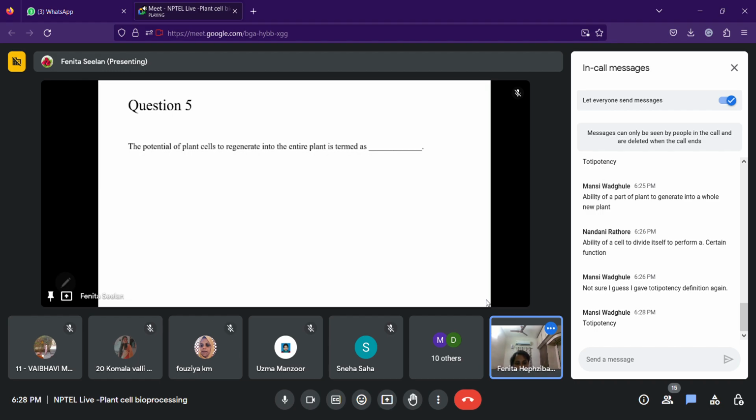Pluripotency will be the ability of the plant cells to divide and generate a particular organ. They will not have the entire ability to regenerate. If I'm not confusing, I think it is the right answer, but still I will look and give you the exact definition by the end of the session. So it's not so confusing.